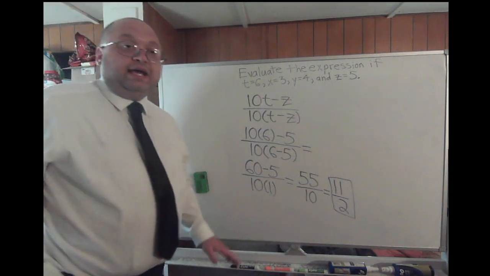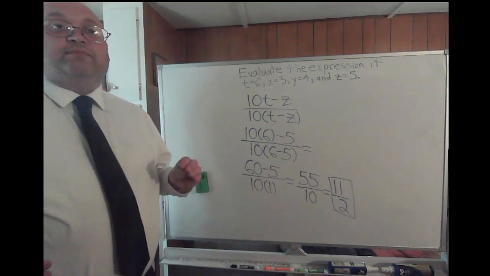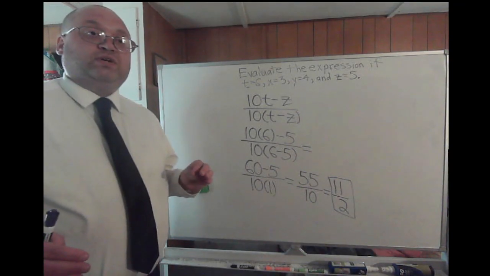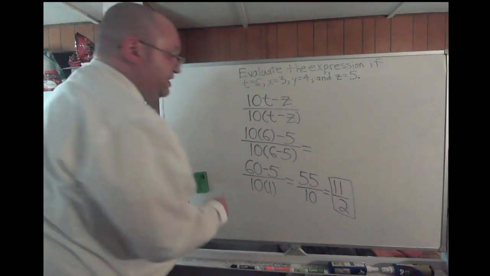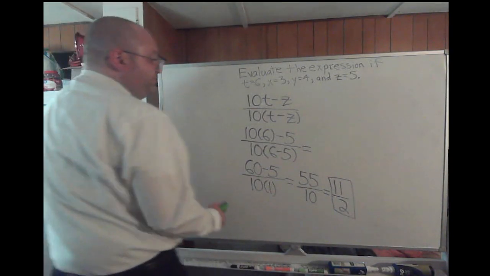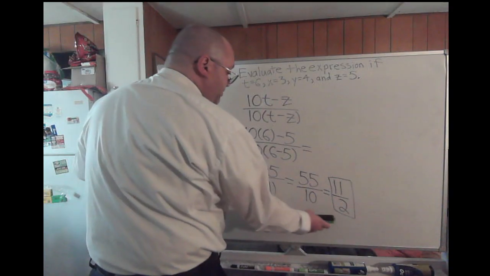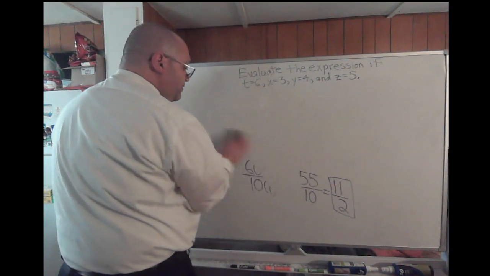But again, I say this before, I am not a replacement for your teacher. I'm there to help you, be a supplement. But if your teacher wants it a different way than me, then listen to your teacher. That's the best advice I could give you. But you stick in the values of the variables, do the order of operations, you'll get 11 over 2 for this.